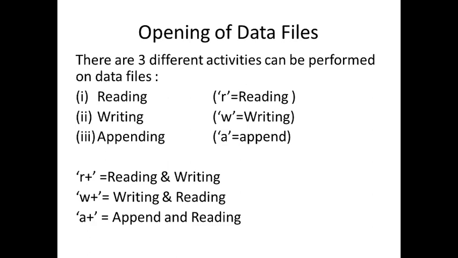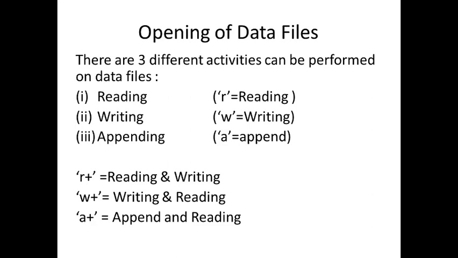This is called mode. Whenever we try to open a file, we have to tell Python to open the file in a certain mode, and that mode is basically reading, writing, or appending. These modes are denoted by r for reading, w for writing, and a for appending.